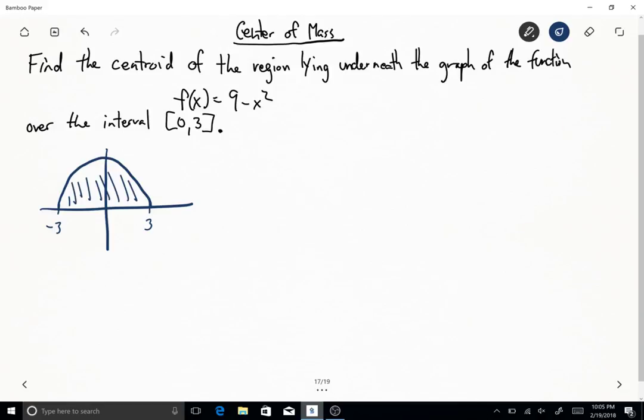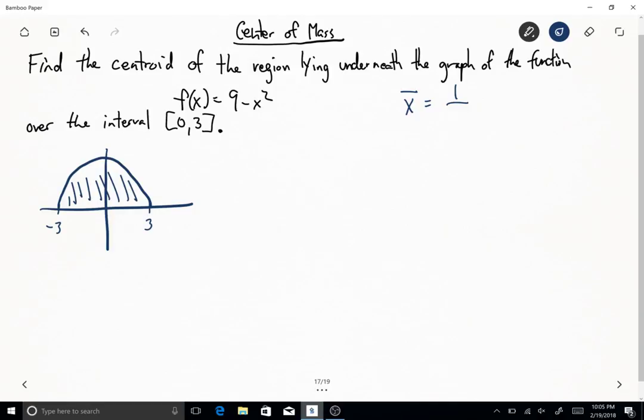Looking at this, it would seem like we would end up having a nice center of mass at 0, just from the looks of it, for the x coordinate. But we'll see, and I'll show you how we can figure that out. We'll take x bar, and what does that equal?